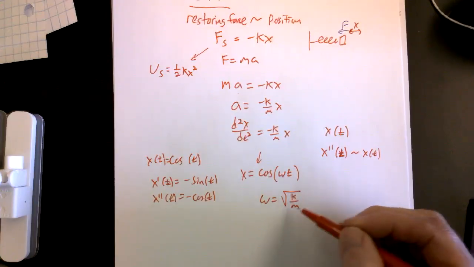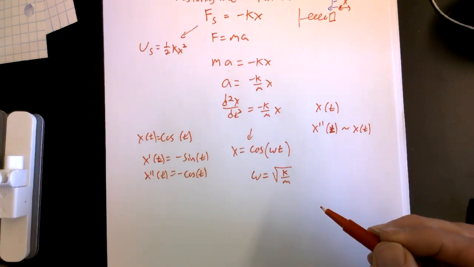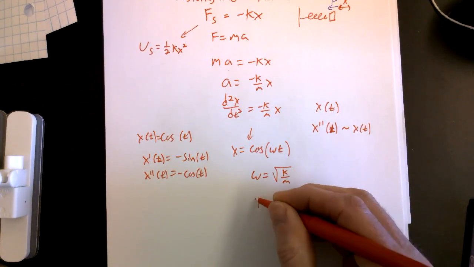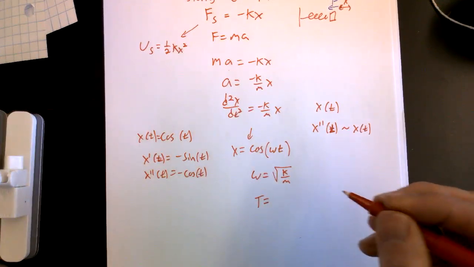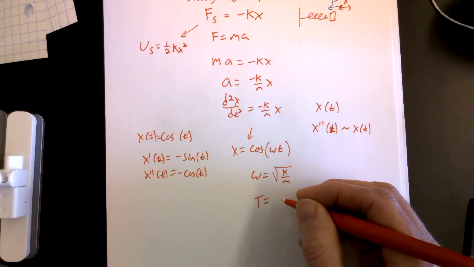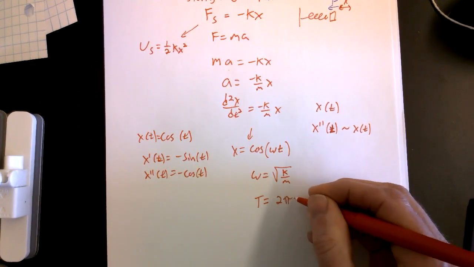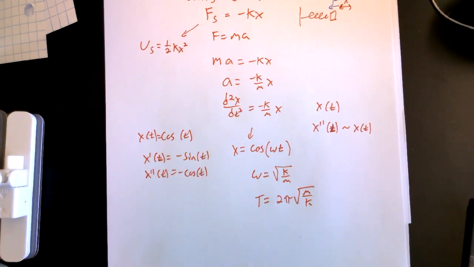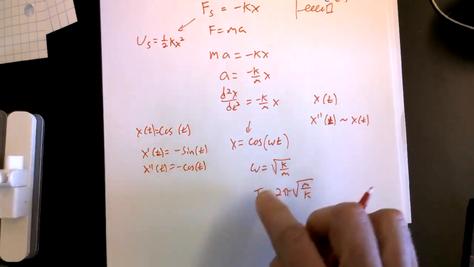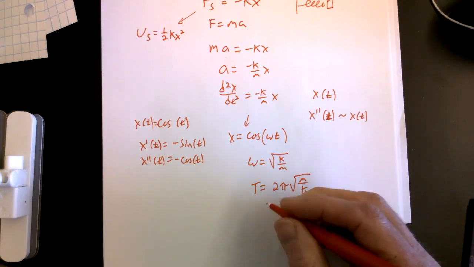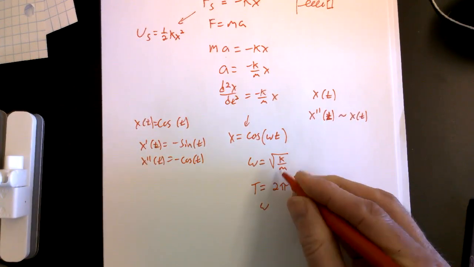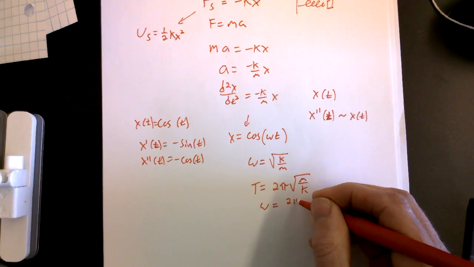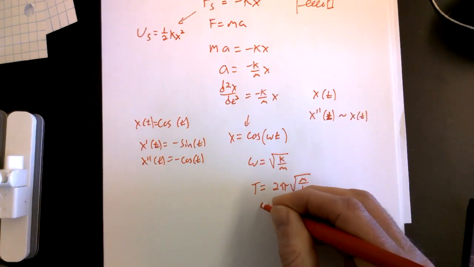What does this really mean in terms of this angular frequency right here? If we go back to the period for the spring, the period for the spring is 2 pi square root of m over k. If I fiddle these around a little bit, I can figure out that omega is the same thing as 2 pi divided by the period.